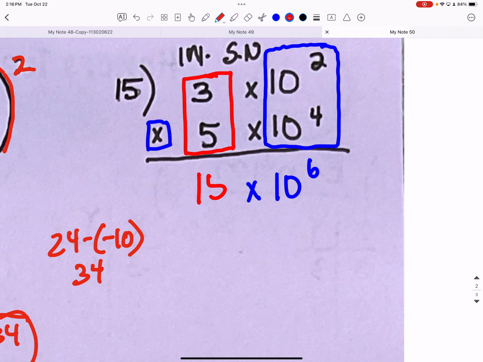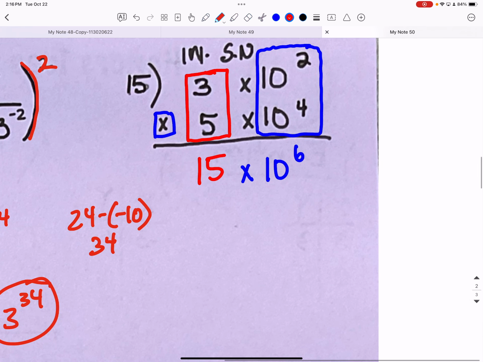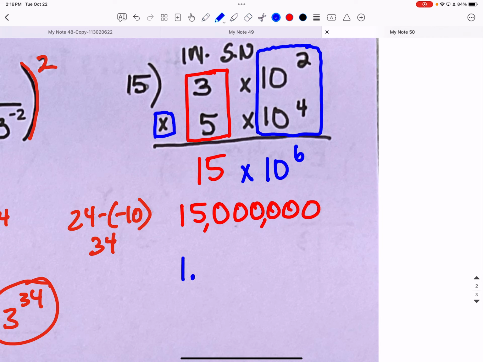That's just 15. But this number is not in scientific notation. Technically, this number is 15 with the decimal moved over 1, 2, 3, 4, 5, 6 times. But to put that in scientific notation, I would make it 1.5, put the decimal after the first number, and then move it over 7 times.